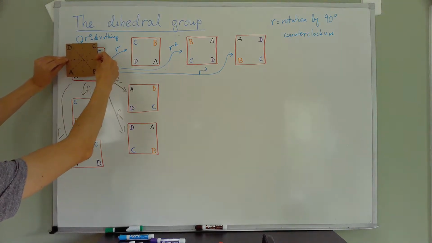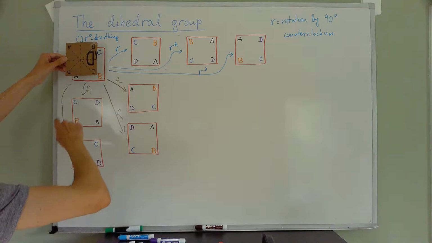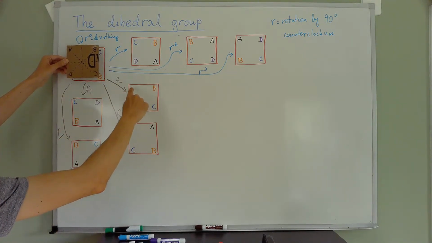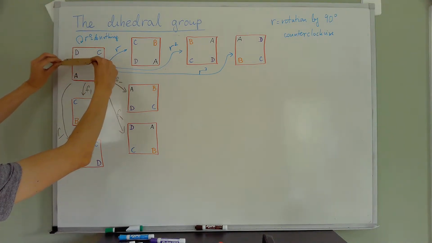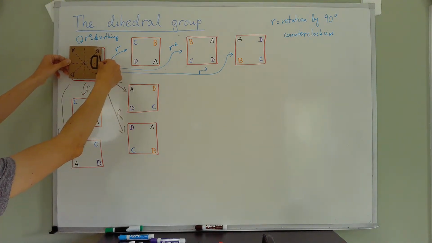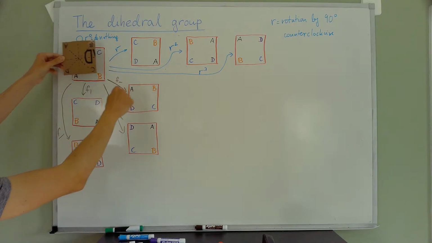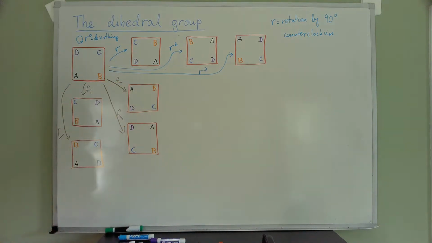I should start like that: A, B, C, D. Okay, so what happened now? A went up here, there's B, there's D, and there's C. So I get that. Right? I start like this, A, B, C, D. I rotate it around the horizontal axis that goes to the middle of the square, and I get CD at the bottom, AB at the top. So I denote this by F with a little horizontal stroke.